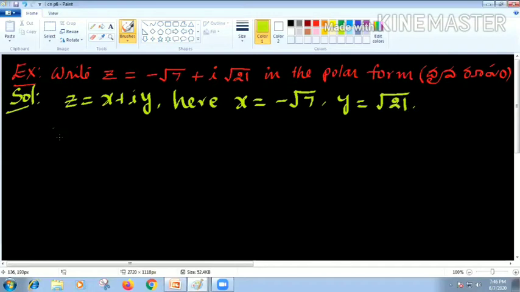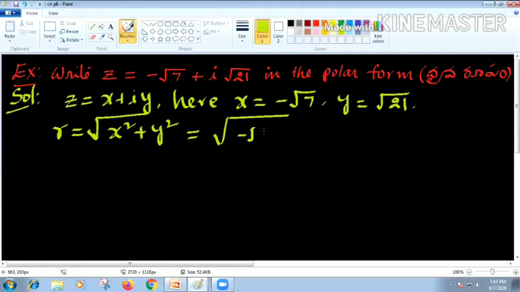Now let us find the modulus r value. So r is equal to root of x square plus y square. Here, minus root 7 square plus root 21 square.